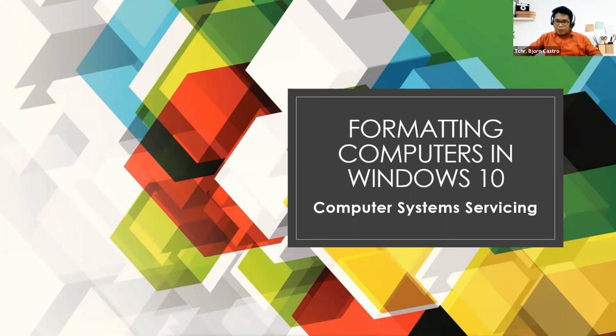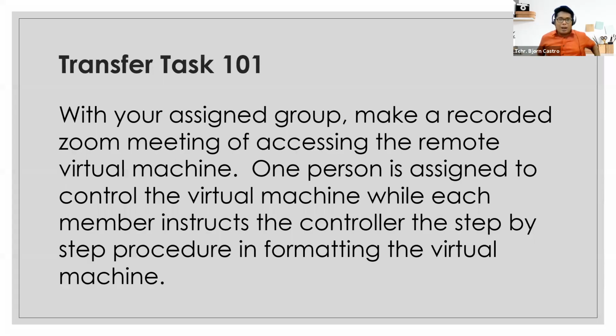Now, let us continue. While we are having this lesson, we will be having a demo. You have to take note because this will be your transfer task 101. I'll be assigning you into groups.